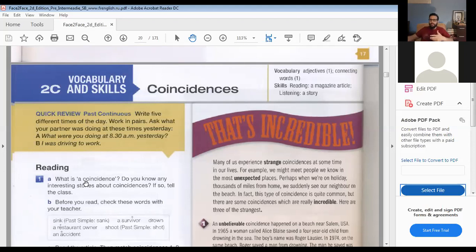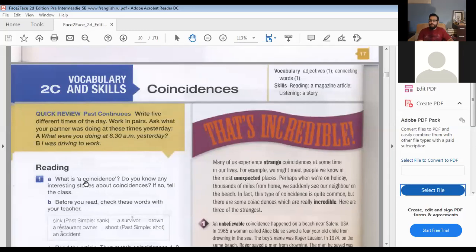Do you understand? And it's very strange to see someone you know in a faraway place. Do you get the idea? So it's like something very random that's not planned, it's unplanned, and it's a bit strange. So two things happening at the same time in a strange way. Do you get the idea?